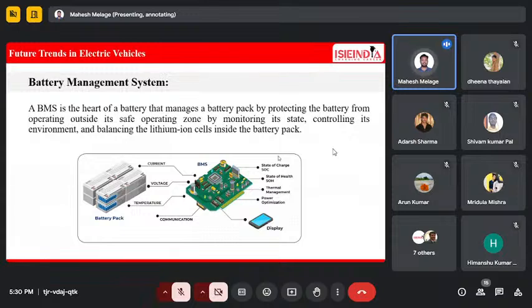The battery management system is a protective device to protect the battery from abnormal conditions like over voltage, over current, higher temperature, and over discharge, that is, deep discharge. It is an electronic component, as you see in the picture. We use a controller, sometimes an Arduino also.